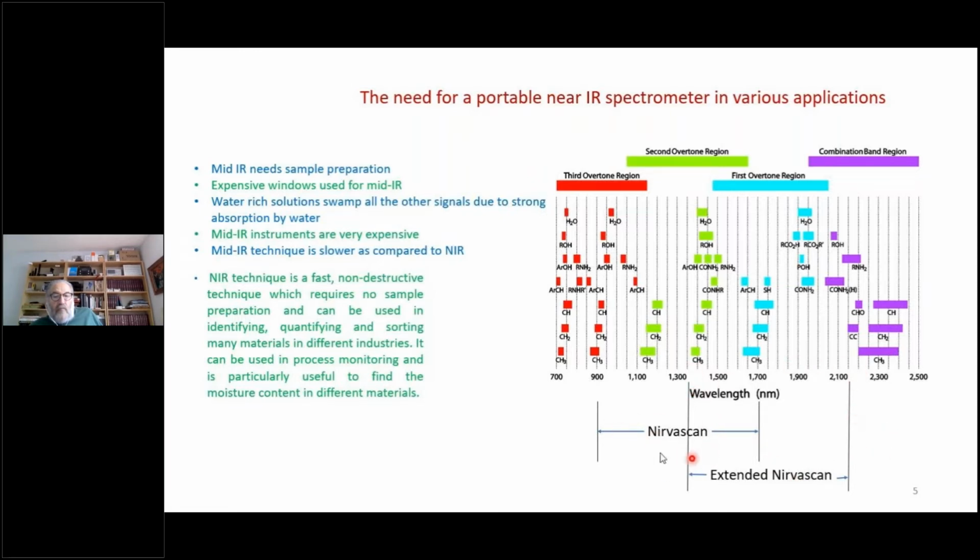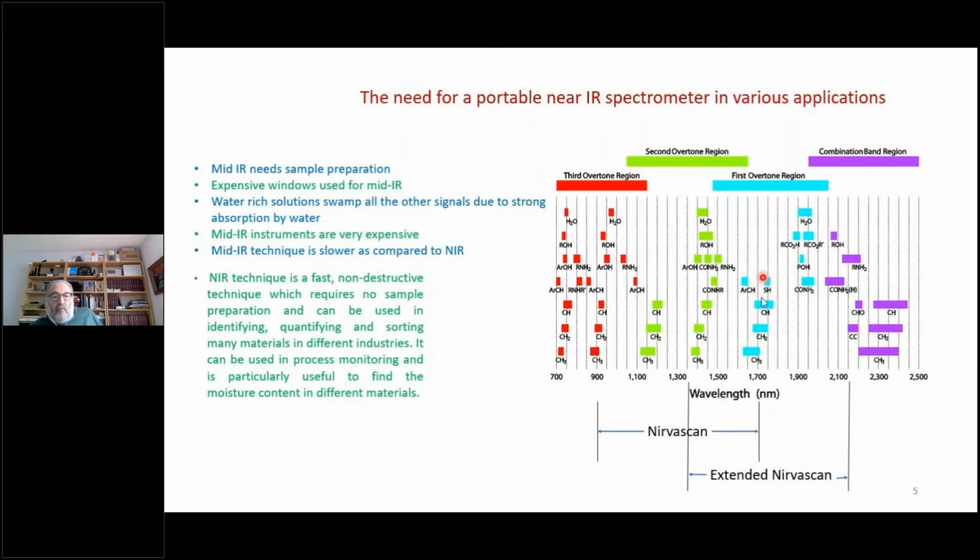So the standard Nirvascan mostly covers the second overtone region, which contains water, CH for fat, sugar, oil, all that, and some NH for protein and so on. And the extended Nirvascan mostly covers the first overtone region, which has all of these that I mentioned.